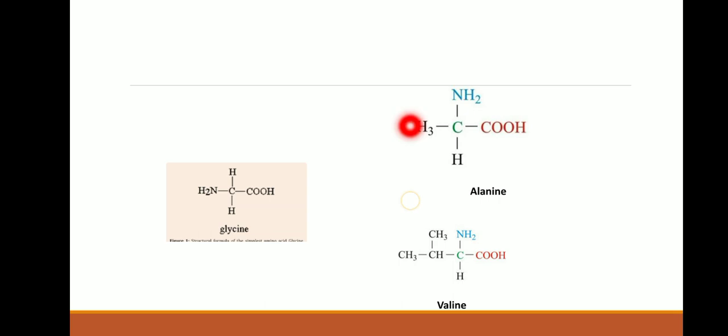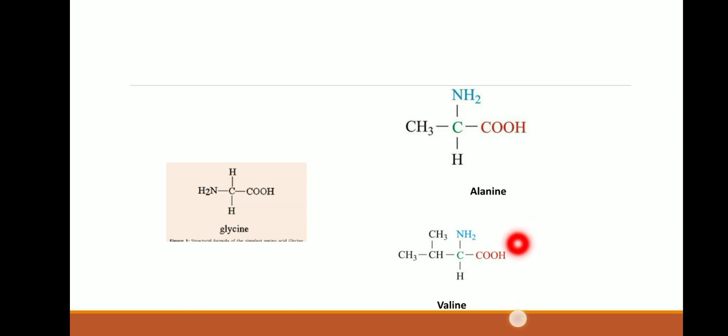So here you can see the structure of 3 amino acids. One is glycine, one is alanine, and the other is valine. In the case of alanine and valine, the carbon atom has here an amino group, here a carboxylic group, here an H group, and here CH3.